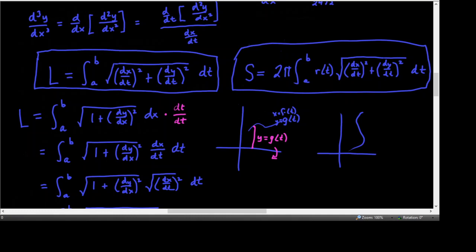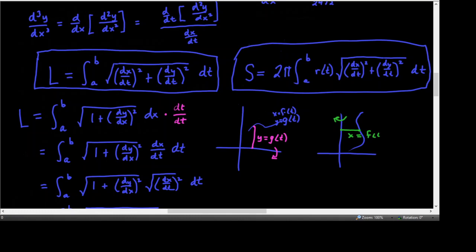Okay, so if this one over here had the same kind of definition, but instead of revolving around the x-axis, we revolve about the y-axis, the radius will be the distance from the axis of revolution to the curve, which is x, which would be, in terms of t, f of t.